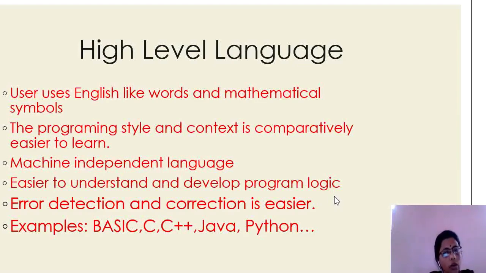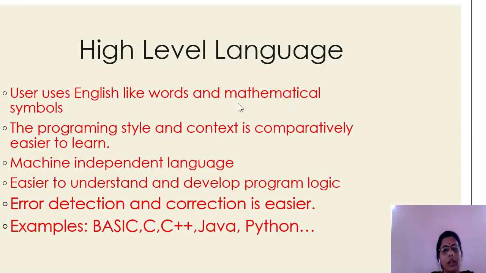Experts thought of developing another language which uses English-like words, like English phrases, clear? So that it is very easy for anybody to remember. So in high-level language, it's not in the form of mnemonics or operational codes or binary form, but here you are using English-like words and mathematical symbols.